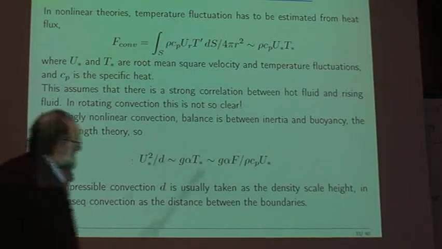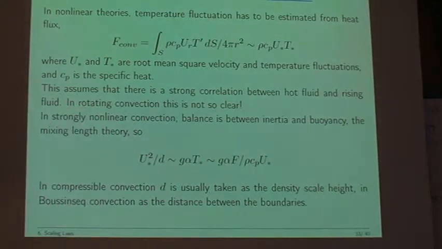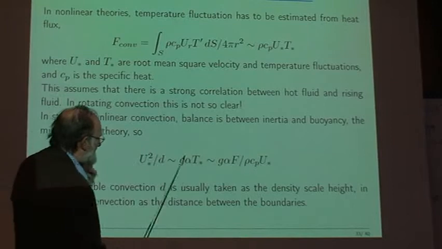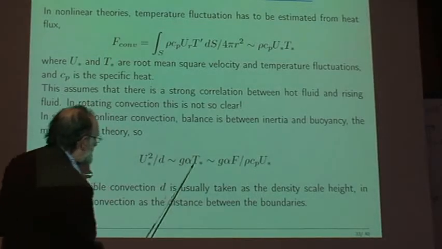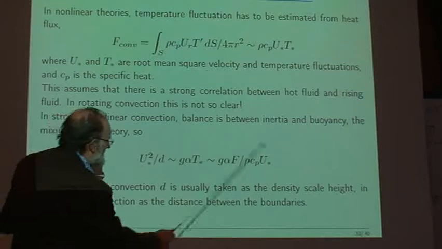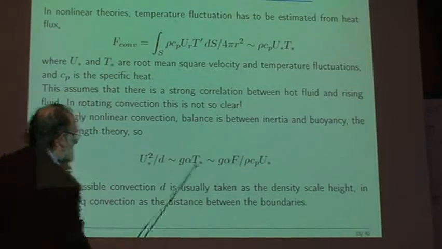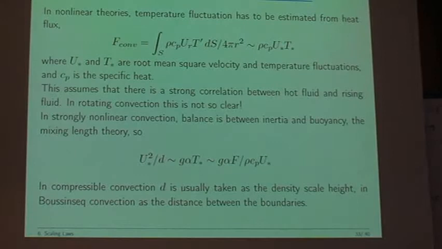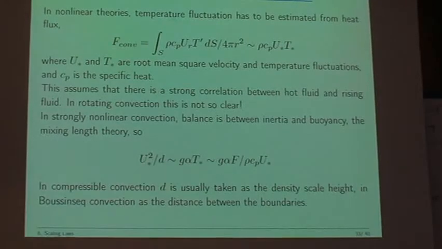The simplest balances you might imagine: let's forget viscosity, it's very small in the core after all. So we might think maybe inertia might be important, buoyancy might be important, and you can estimate the buoyancy in terms of heat flux using this formula here to eliminate T prime. So if you balanced inertia against buoyancy, what would you get?